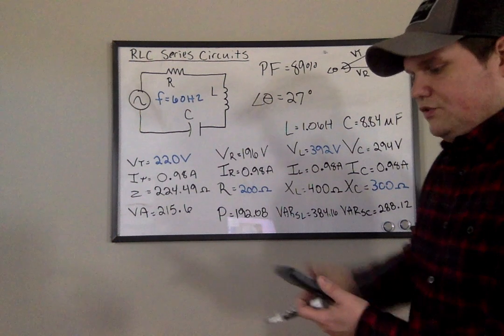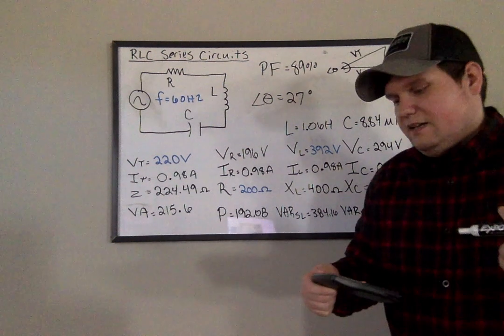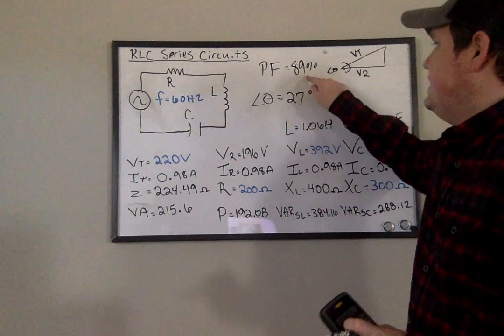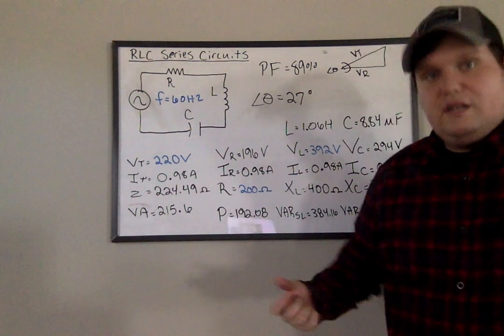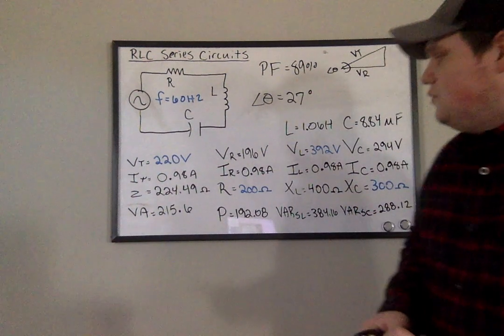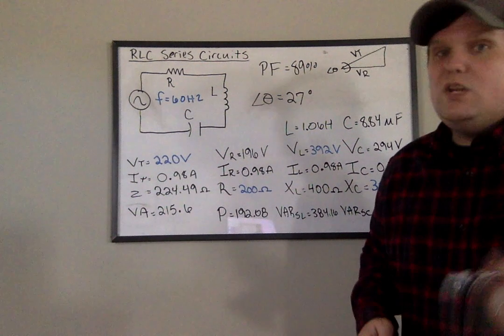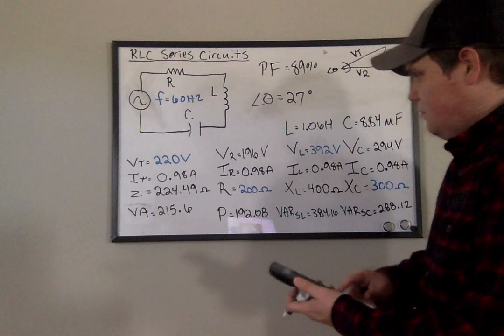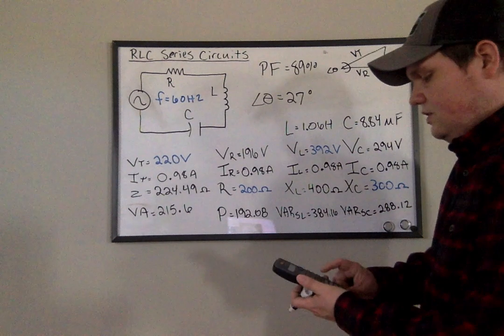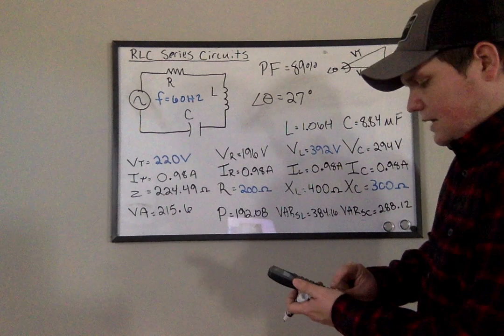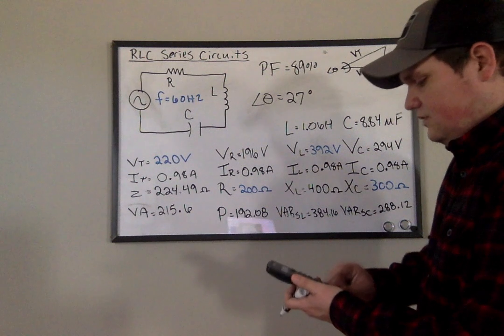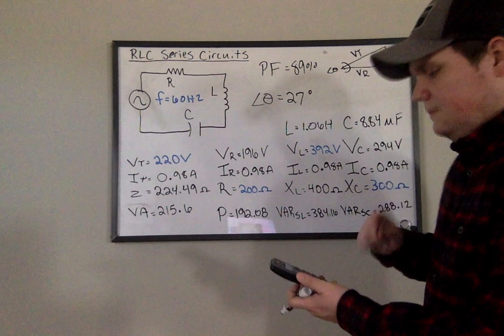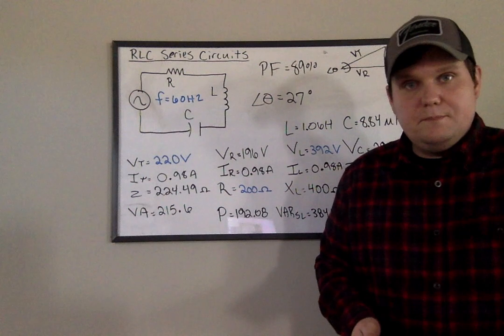It equals, and that gives us 89% and 27 degrees. We can do P over VA, which is the formula we normally use, 192.08 divided by 215.6 equals, and I get 89.